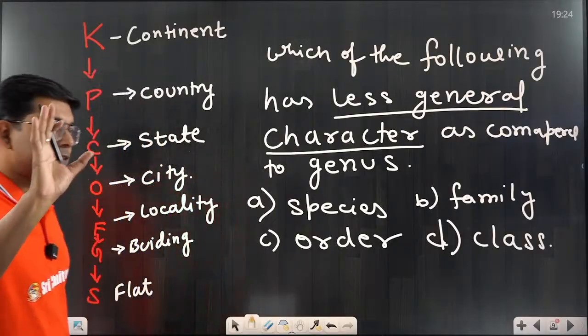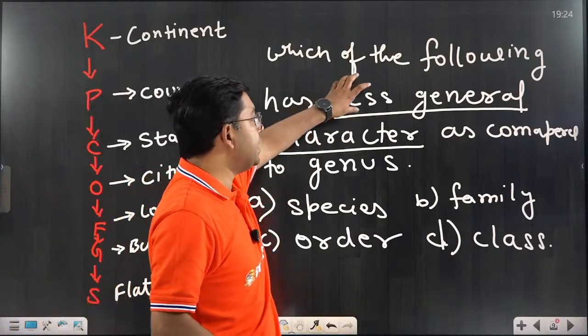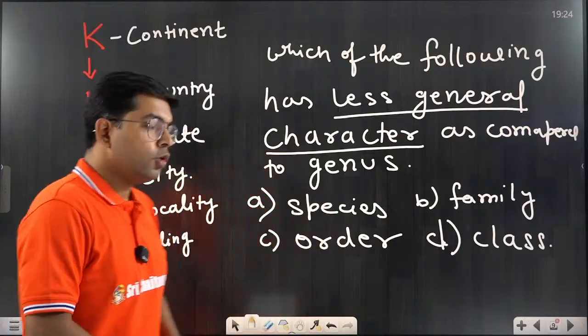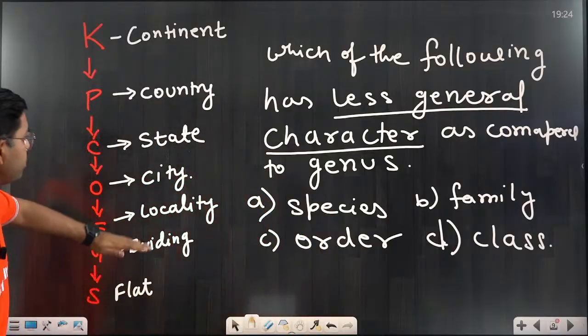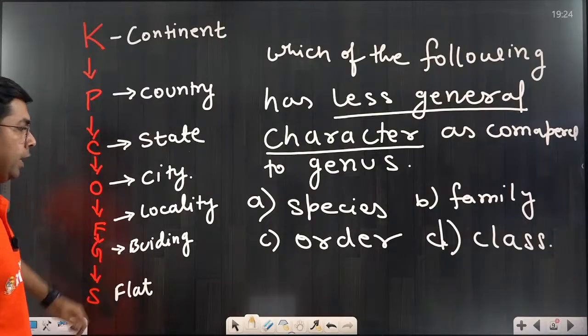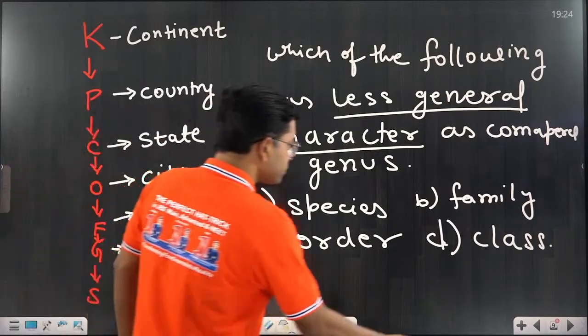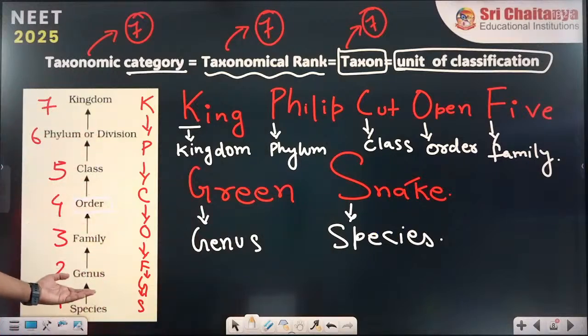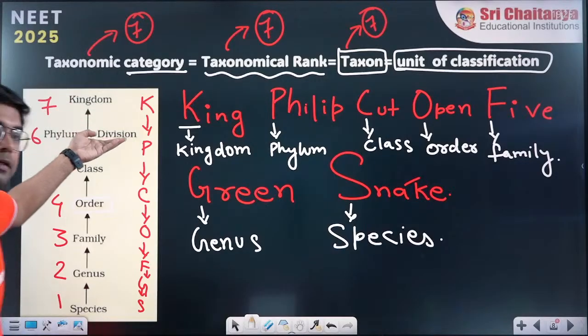Fine. So let's understand it. What do you mean by less general character and more general character? As you go up in this hierarchy, the similarity in character will start decreasing.